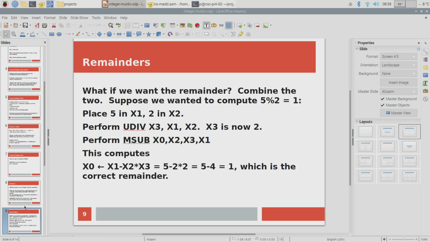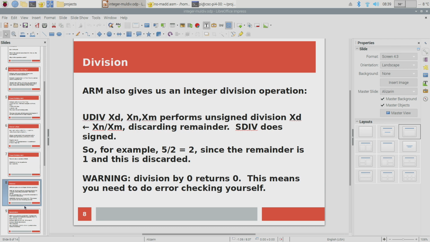Now, let me go back up here. If I did 5 divided by 2, well, Evan was just asking about the modulus operation. In C and Java, it's the percent operator. So if I do 5 % 2, I want to get the number 1 as the output because that's the remainder upon doing 5 divided by 2. If I want the quotient, the division operation will give me that. If I want the remainder, there is no command to just give me the remainder. Or is there?